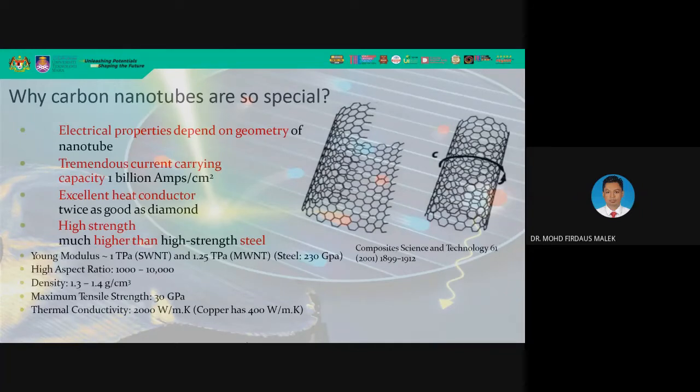And then it also has a very high current carrying capacity. Okay, it also can be functionalized. Okay, that means we can add on another material in the carbon nanotubes to enhance the application or the performance of the material.